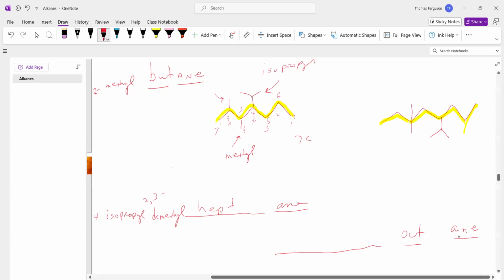Now the branching. We've got a couple of methyls and another isopropyl. So we have to determine numbering. Since more stuff is towards the left, that's probably a good place to start numbering.